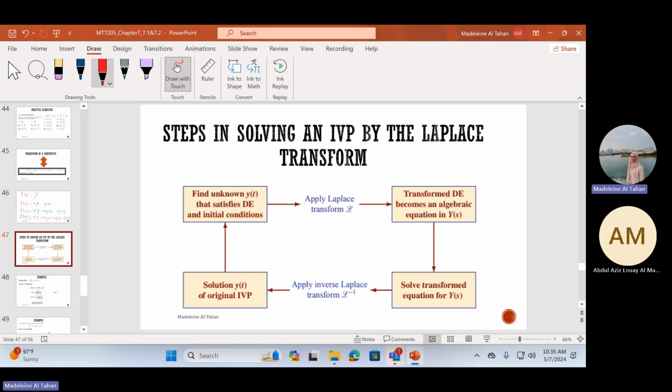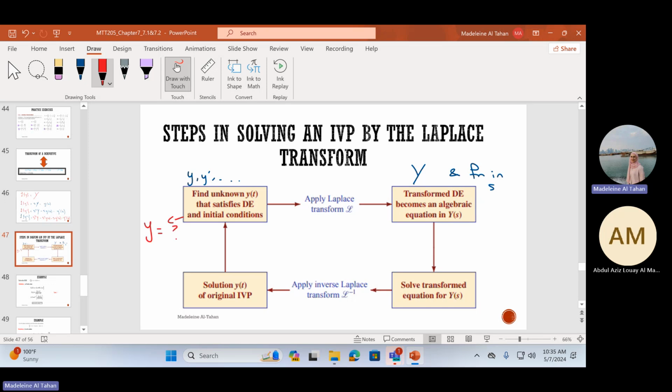So first of all, we apply the Laplace transform. We have y prime and so on. Here, what do we have only? Y and a function in S. So we will write capital Y in terms of S explicitly: capital Y equals something. But when we want to solve an initial value problem, at the very end, what's our aim? Find small y.